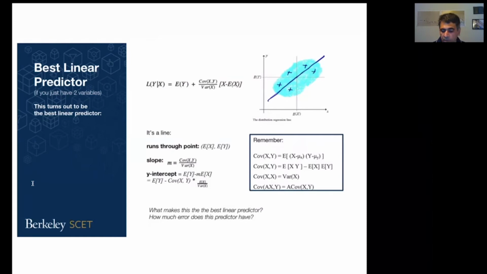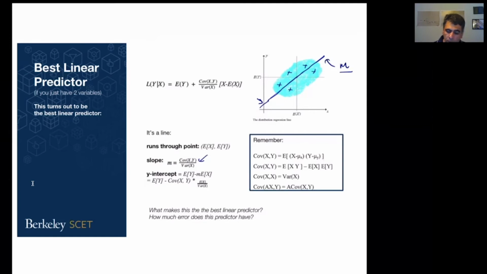The first thing we're going to do is try to choose a y-intercept and a slope for this line. It turns out that the best predictor has a slope, m, which is equal to the covariance of xy divided by the variance of just the x variable by itself.